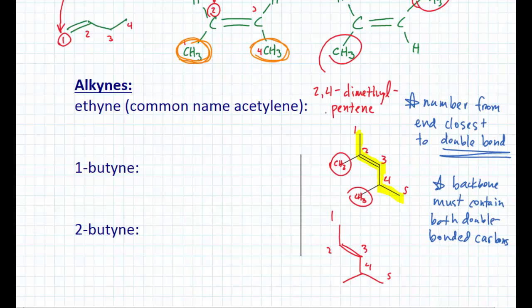Yep. 2 pentene. Without any of those branches, it would just be 2-pentene, right? With the branches, those branches just go on the beginning of the name, 2,4-dimethyl, 2-pentene.